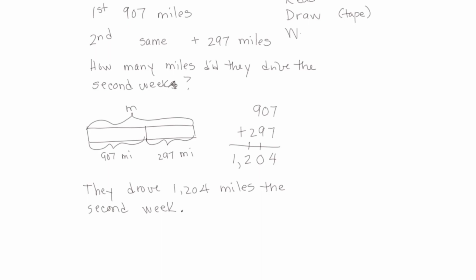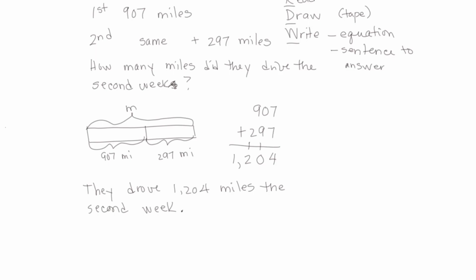And then we're going to write first the equation, and then we're going to write a sentence to answer. So RDW, read, draw, write. We're going to use that every time we see a word problem.